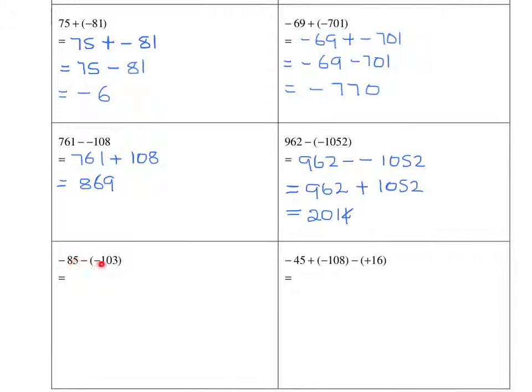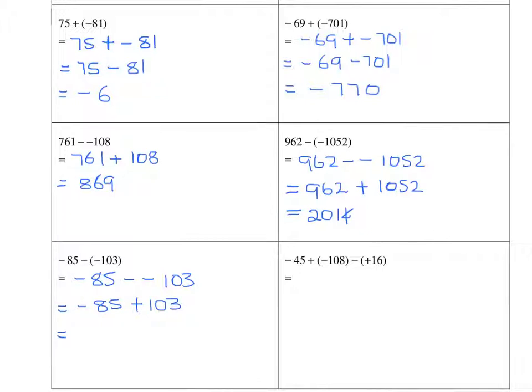Okay, so we're on this one, negative 85 subtract negative 103, so rewrite it without the bracket. Simplify any double signs first. It becomes positive because the two signs are the same.